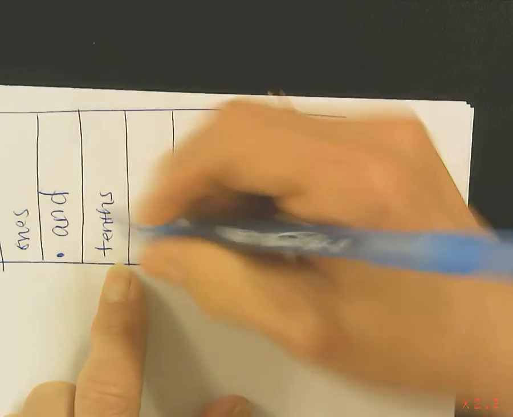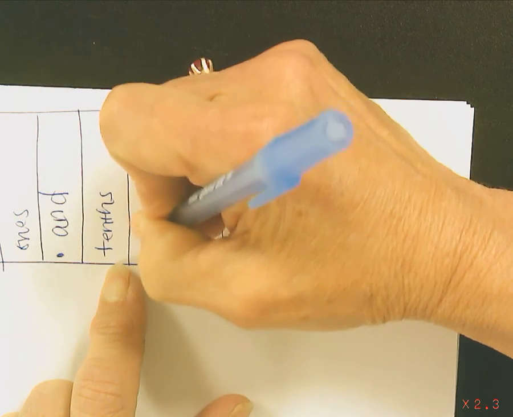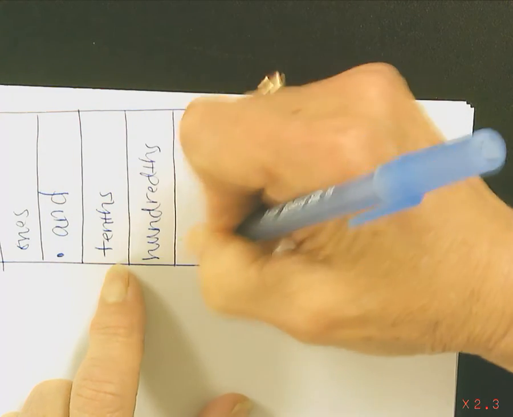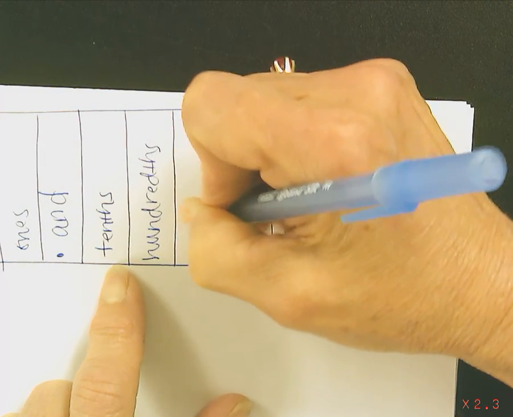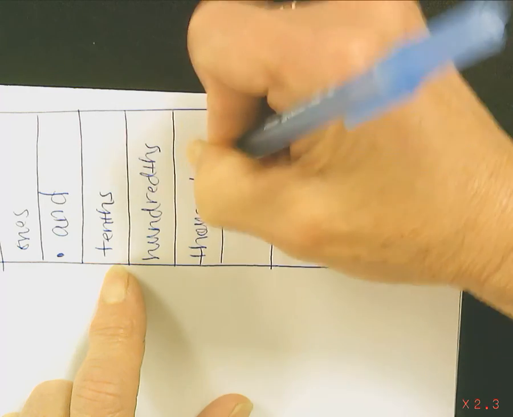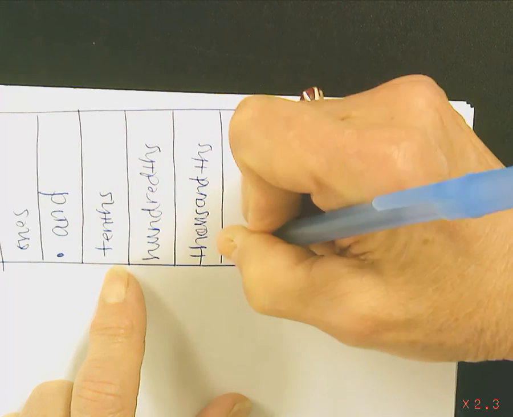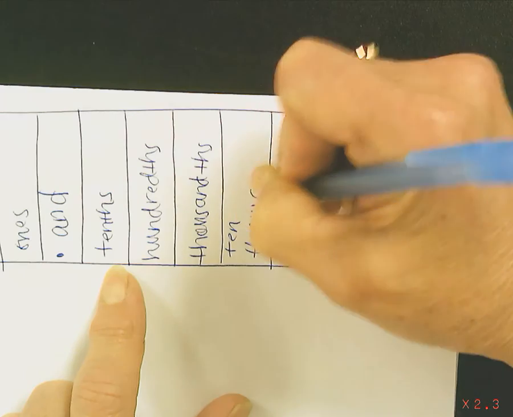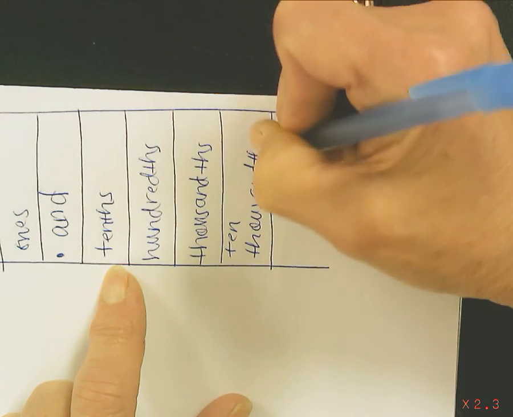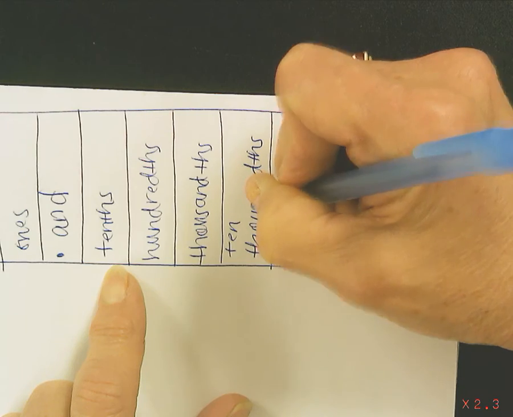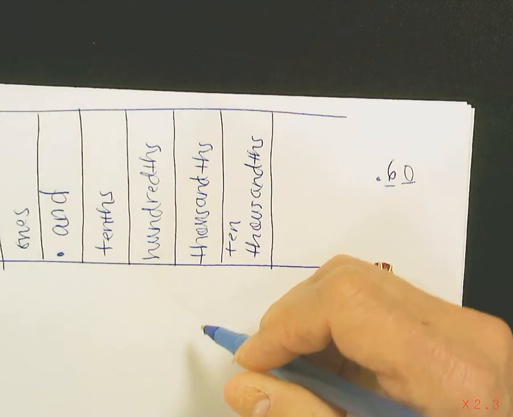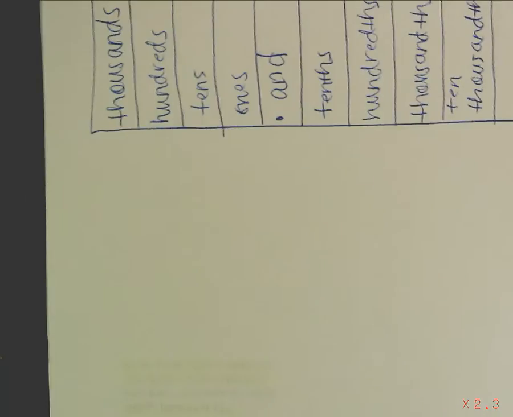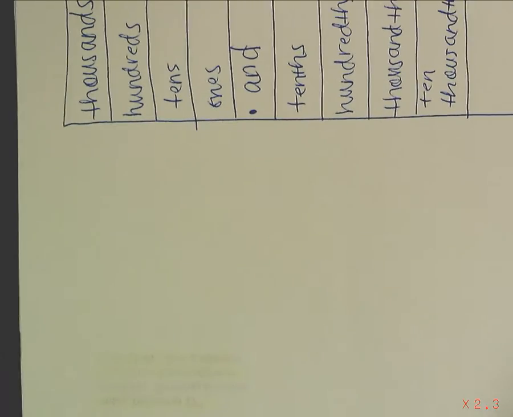Okay? The second place after the decimal is the hundredths place. Then we have really tiny, the thousandths place. And after that, the ten thousandths place. Now there are a lot more places beyond thousands and smaller than thousandths, but those are the only ones we're going to deal with today.